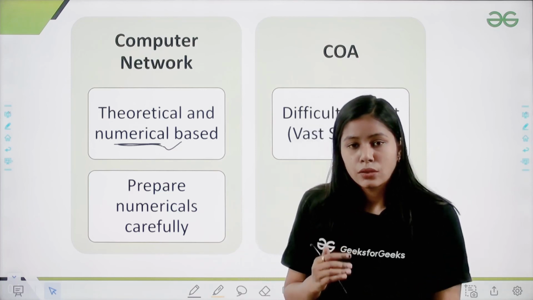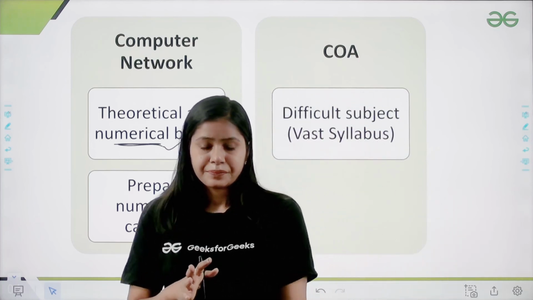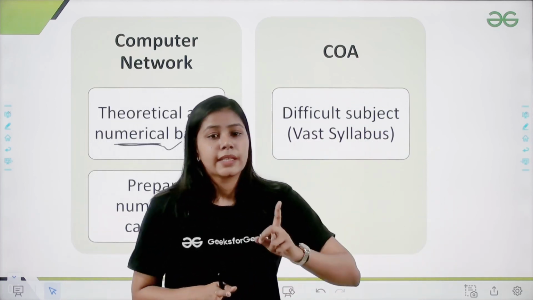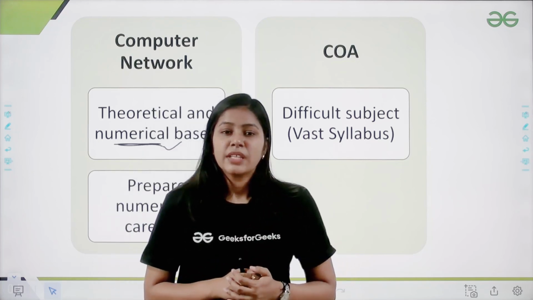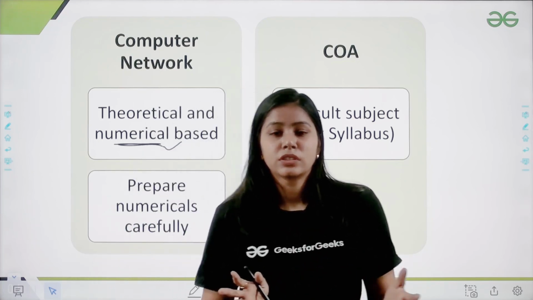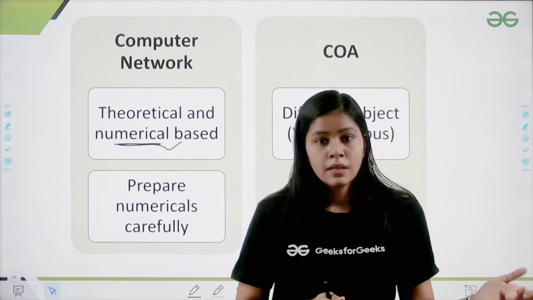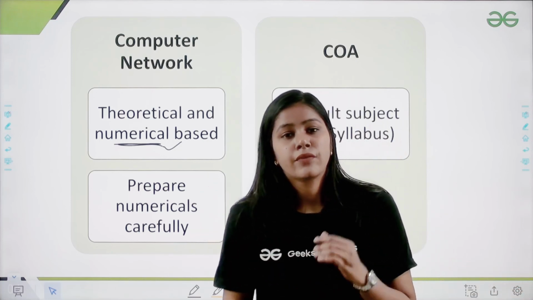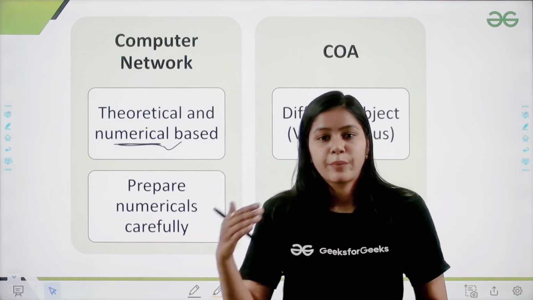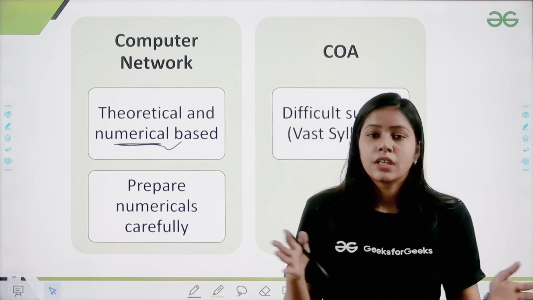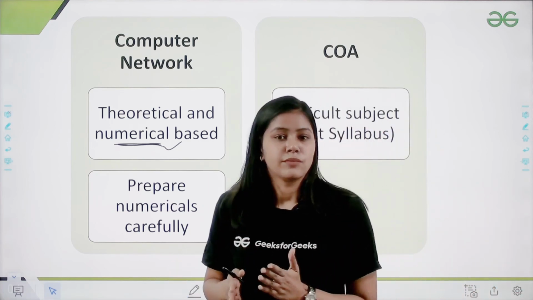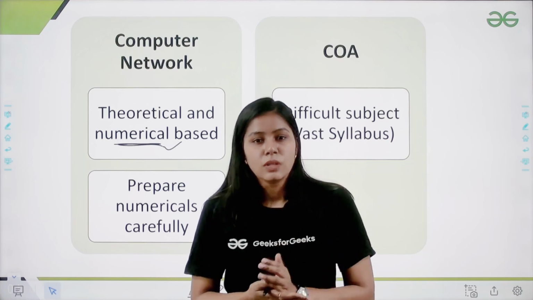To get a good rank, you have to score well. So you are not going to leave any subject, because the GATE exam is very unpredictable. You may get an easy question from any subject and a difficult question from the subject which you have prepared well. So prepare all the subjects, cover all the syllabus, don't leave any subject. That is important, cover the whole syllabus.